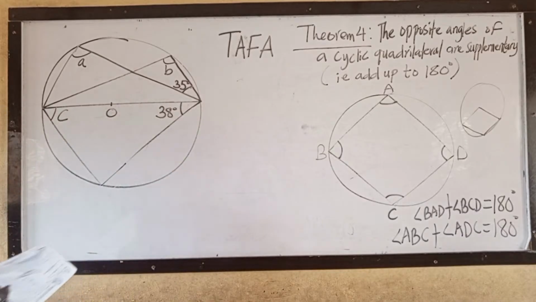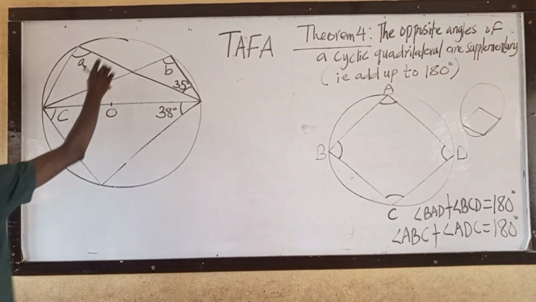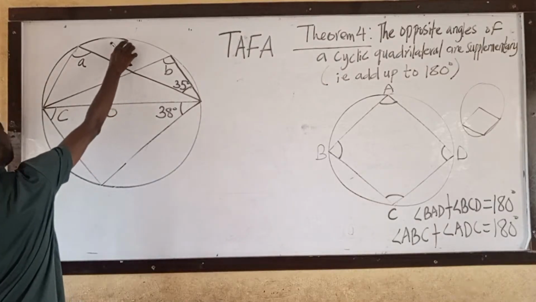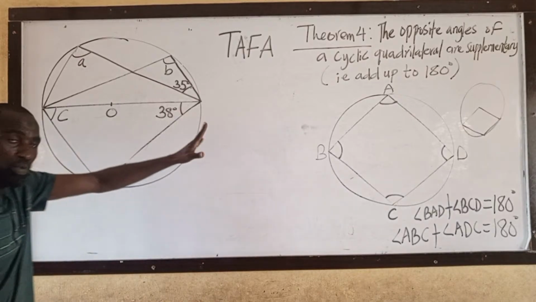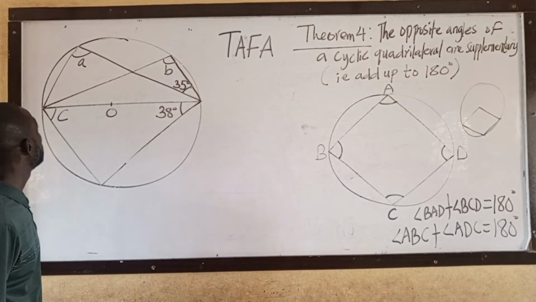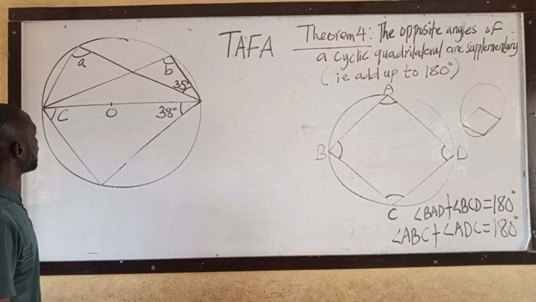That's to find A, B, and C. Look at the diagram. Okay? Now, we are going to solve the question based on the terms that we have right now. Okay, I'll send the diagram.